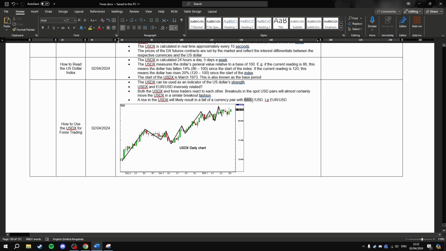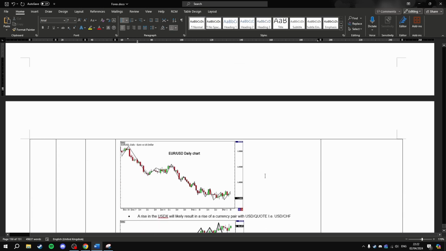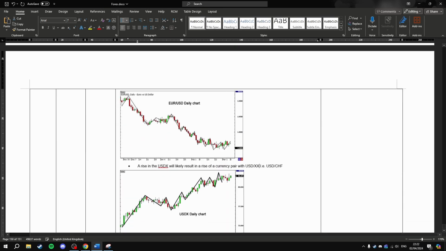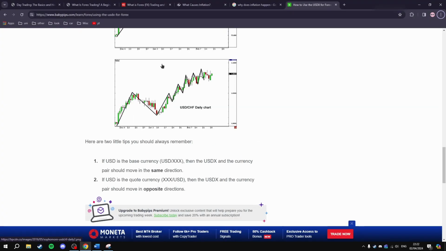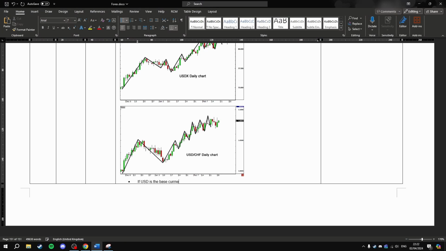Okay, let me just replace that with XXX to make it simpler. Just write that down actually. If USD is the base currency, USD/XXX, then the USDX and the currency pair should move in the same direction.